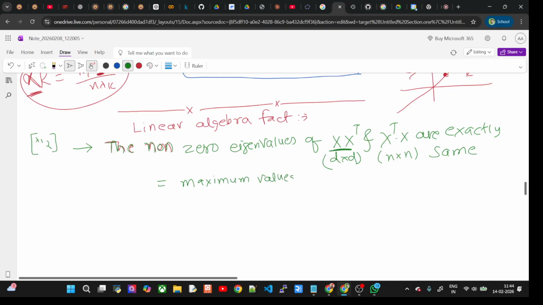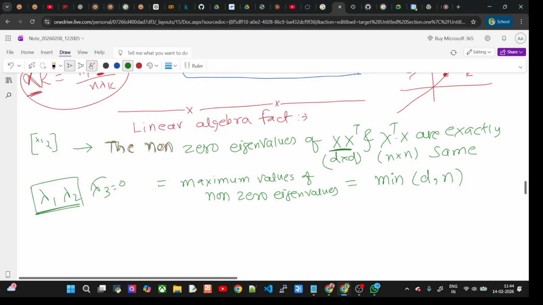The maximum number of non-zero eigenvalues is equal to the minimum of d comma n. Whichever is the minimum of d or n, that is the maximum number of eigenvalues. Like we got lambda 1 and lambda 2 with some values, and lambda 3 is equal to 0, so you are not taking that 0.